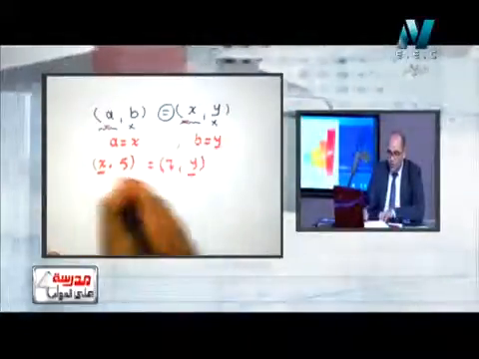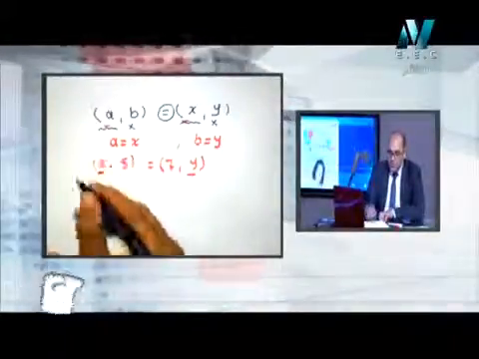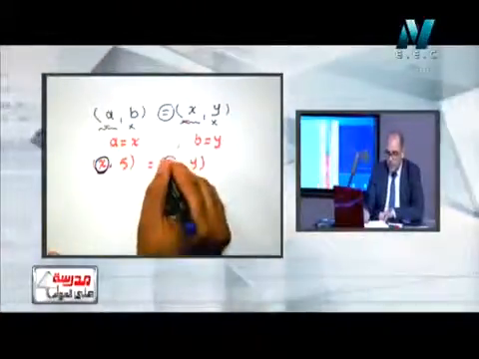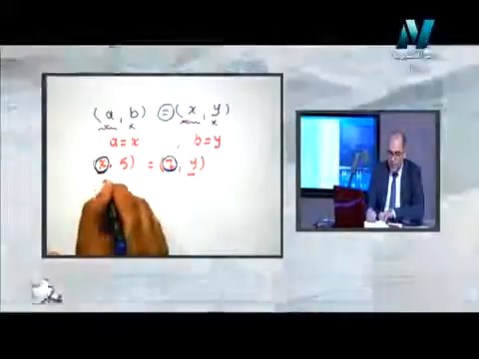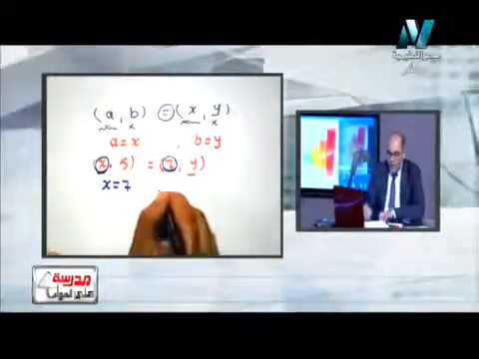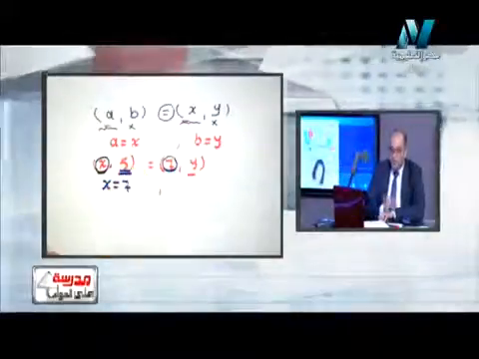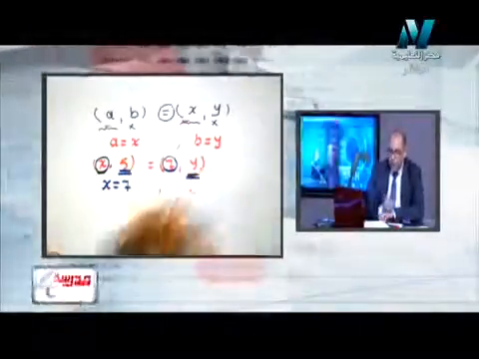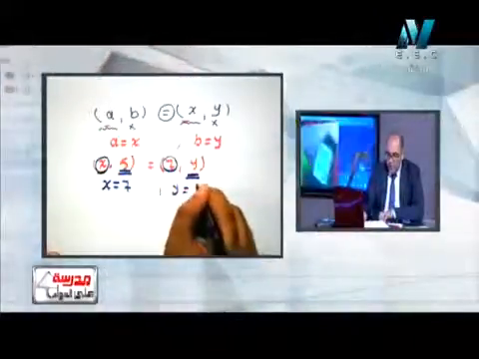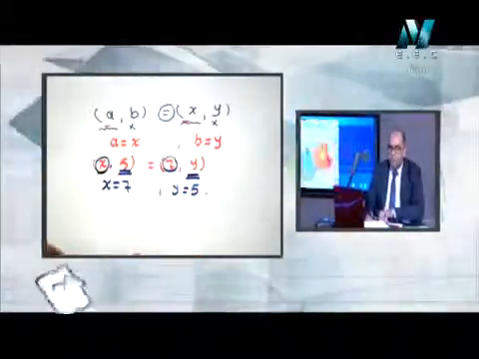To find the value of X and Y, we just circle X, the first number, with 7. So we can make X equals 7, and underline the second numbers, 5 and Y. Finally we can make Y equals 5 in a simple way.